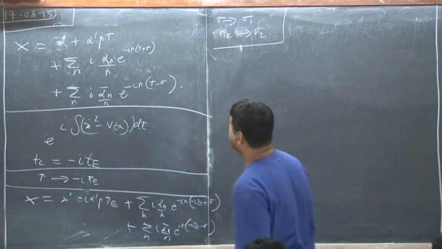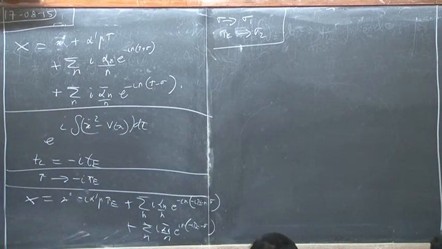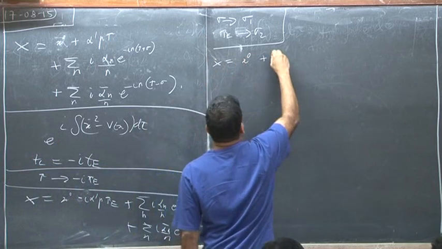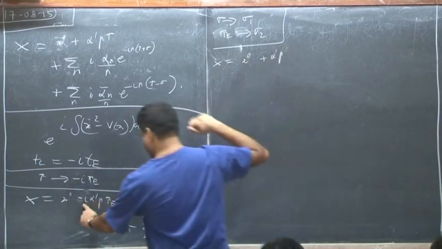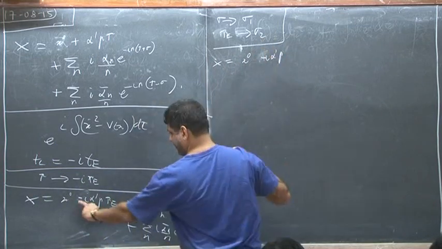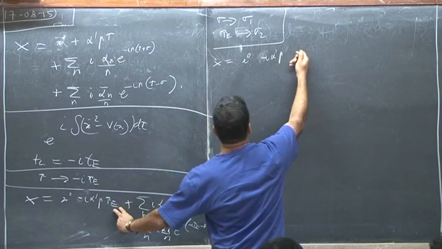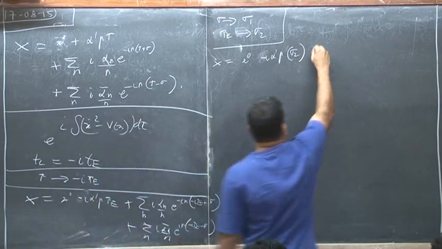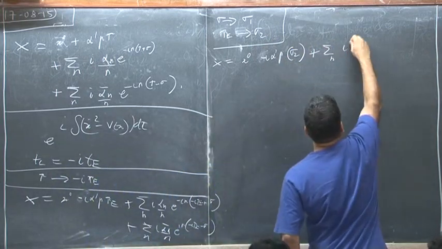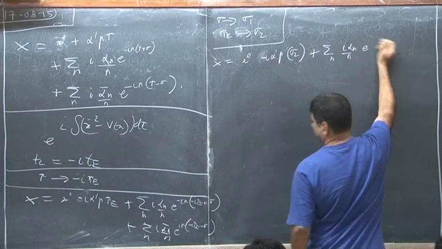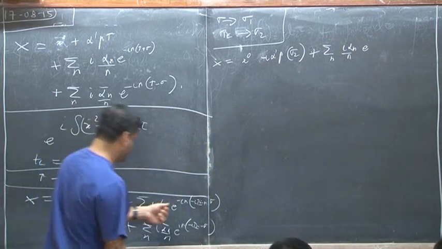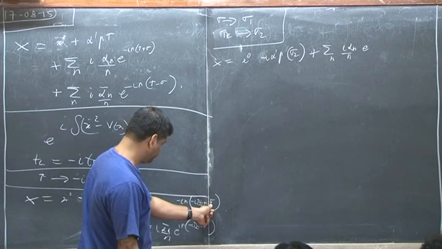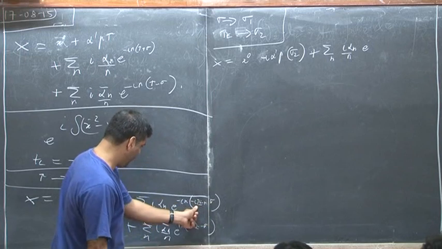If we do this, what does our expansion become? We get x equal to x naught minus i alpha prime p sigma 2, plus the sum over n of i alpha n over n e to the power minus i n sigma 1 minus i sigma 2.